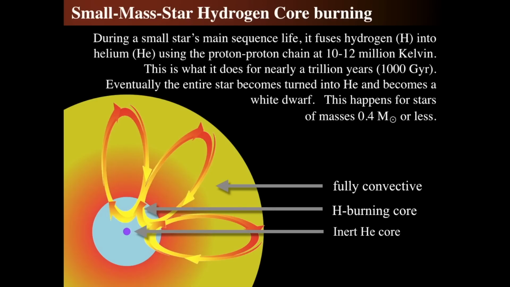But in these little stars, they're fully convective throughout, once it's less than about 0.4 times the mass of the sun. The surface goes all the way to the core, and you have convective cycles that reach to the core. So the entire star can partake in the hydrogen to helium fusion.